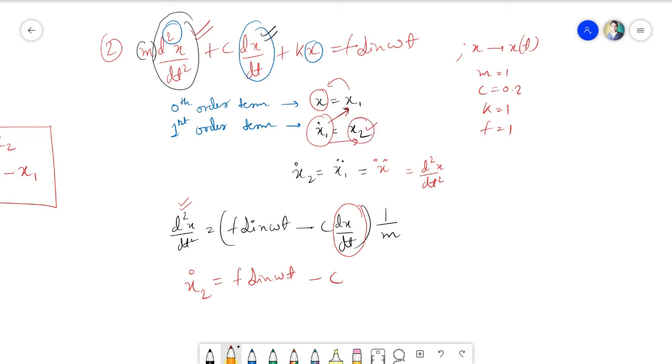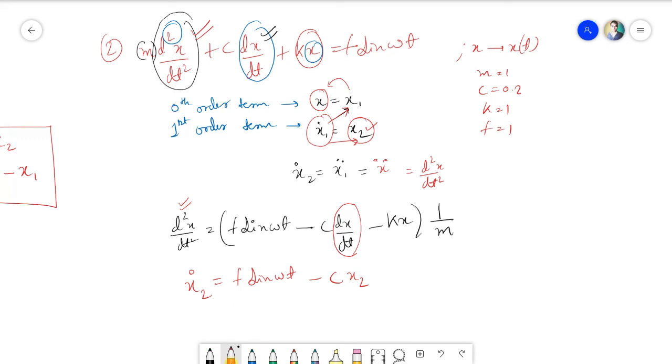So this will be cx2, and I forgot this kx. We have one more term, minus kx into 1 by m.